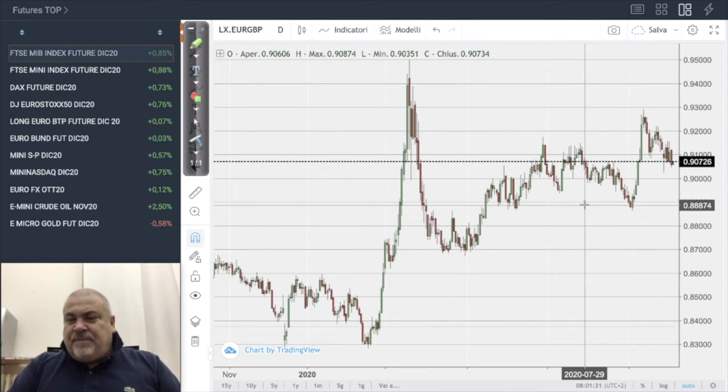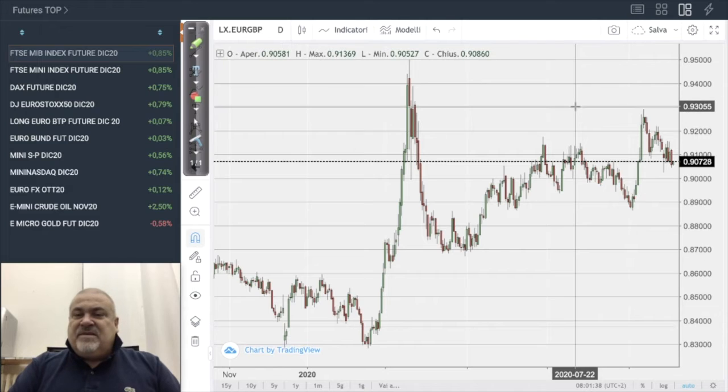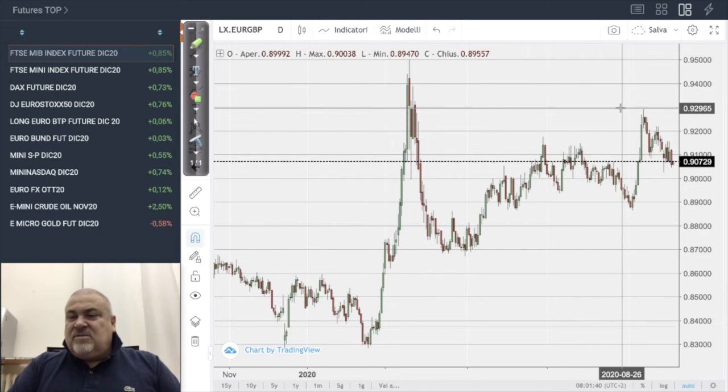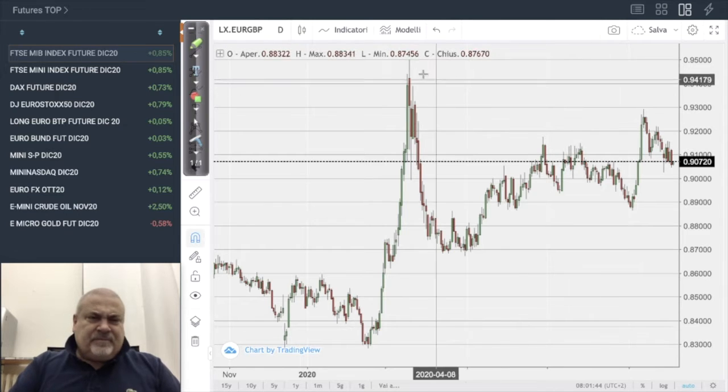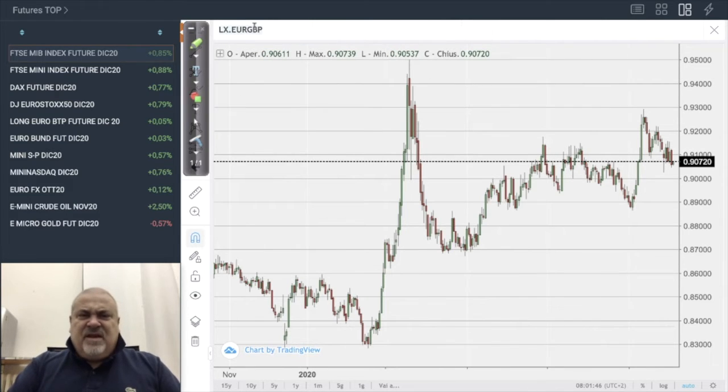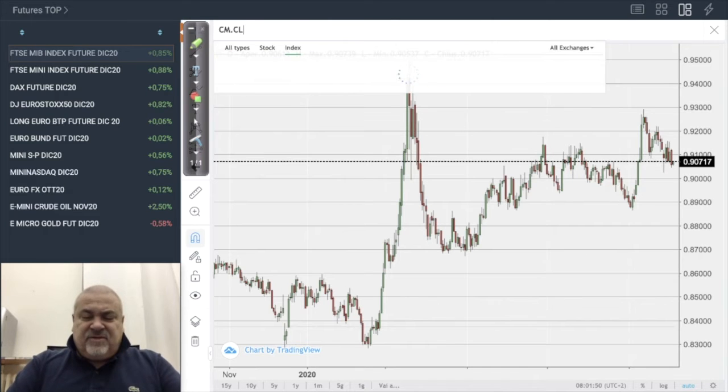The main support still continues to be 0.8887, something like that, and the main resistance in the short term is continuing to be 0.93.